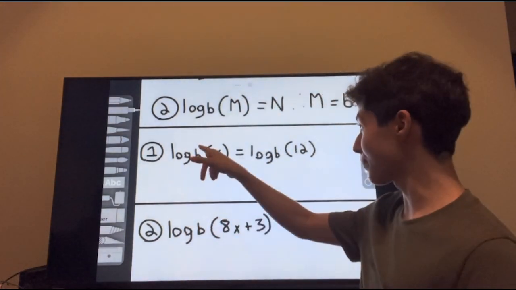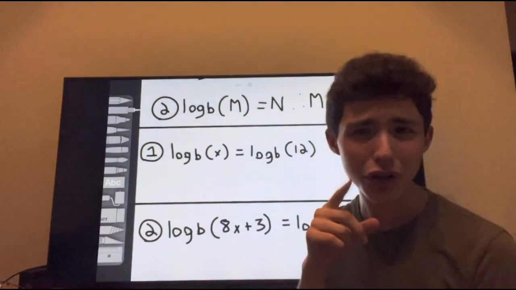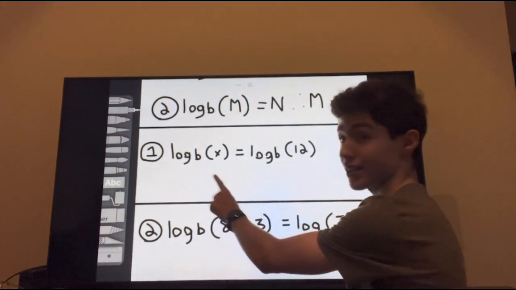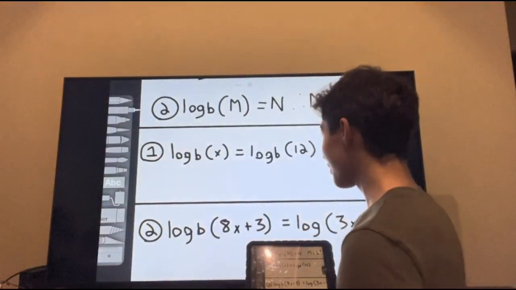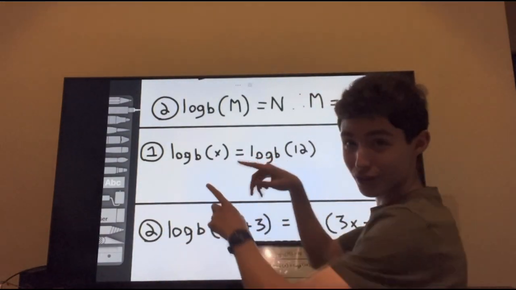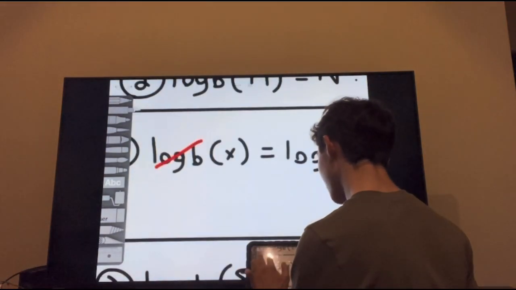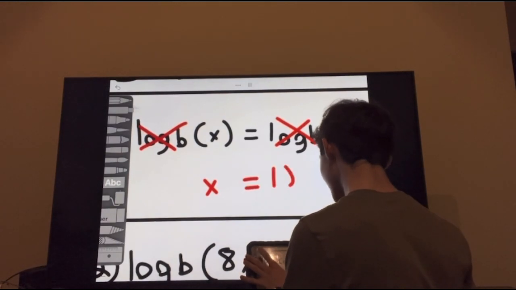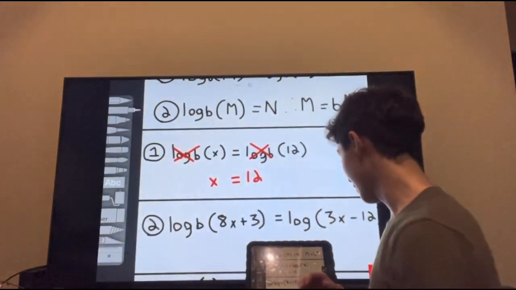If you notice, you can see both have the same base and both are logarithms. Since they have the same base, you can just cancel them. x equals 12. And now you have the x value.